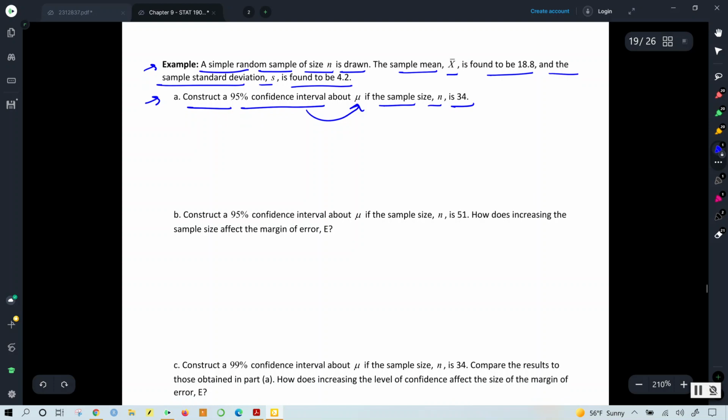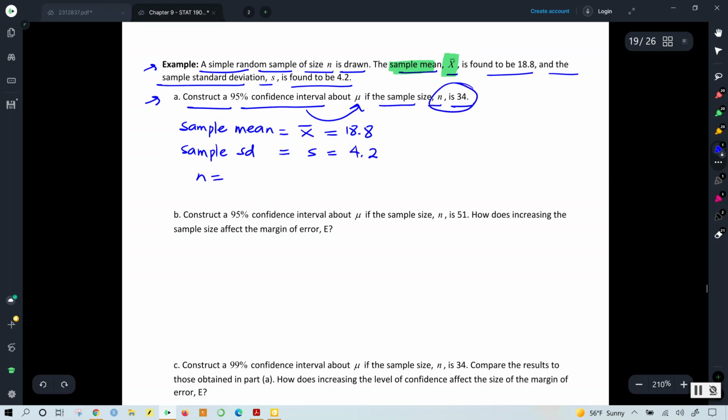In order to answer this question, a couple of things are worthy of note. You have the sample mean, which is x bar. So please note this for further examples. Sample mean is always represented by x bar. It is 18.8. You have the sample standard deviation, and that is s, lowercase s, which is 4.2.